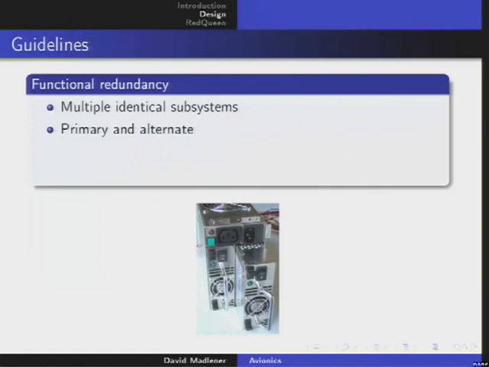The alternate system is normally inactive, but watches the primary system if it is performing in the parameters defined. So you have to find the parameters that define a correct operation. That's called the heartbeat. The alternate system watches the primary system, and if the primary system goes offline, then the alternate system powers up and takes over. This is the simplest possible redundant solution.